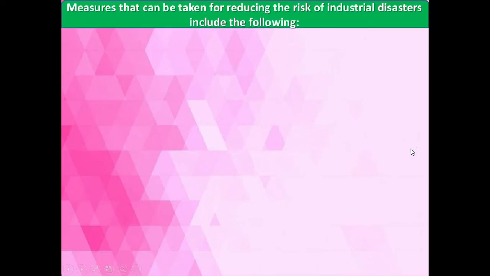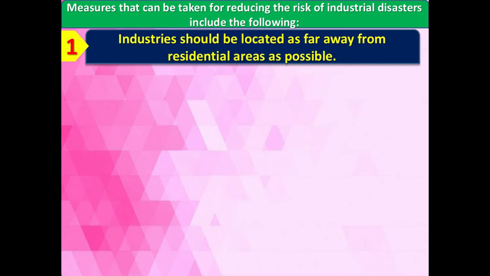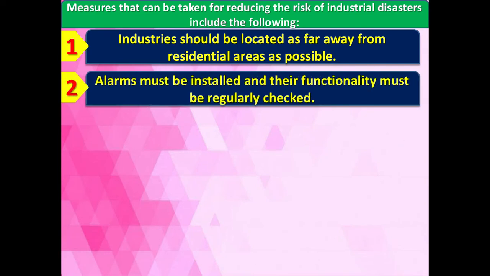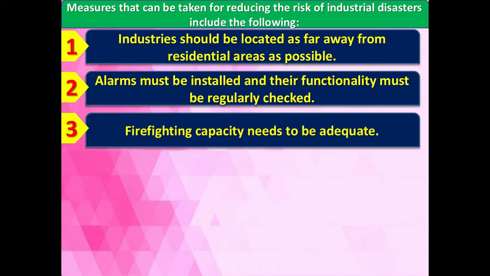So that is a video of the Ukraine disaster, a major industrial disaster. Measures that can be taken for reducing the risk of industrial disasters include the following: industries should be located as far away from residential areas as possible, alarms must be installed and their functionality regularly checked, and firefighting capacity needs to be adequate.